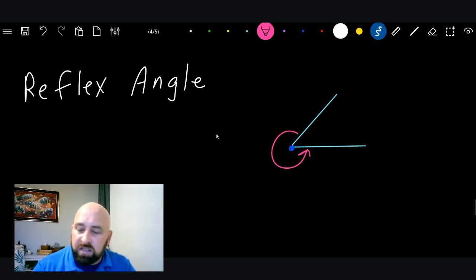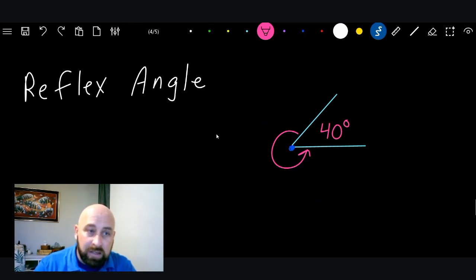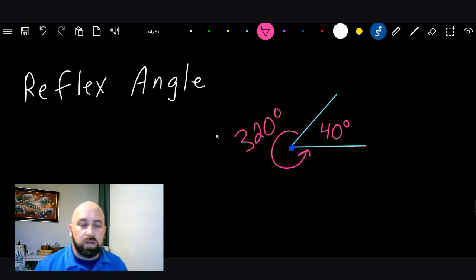Let's say that this is a 40-degree angle. Well, that's the acute part. But we're interested in this back side of the angle, and this back side is 360 for the circle, so 360 minus 40 would give you a 320-degree angle. So the reflex on that is 320, but it's the back side of an angle. That's the easiest way to describe that.